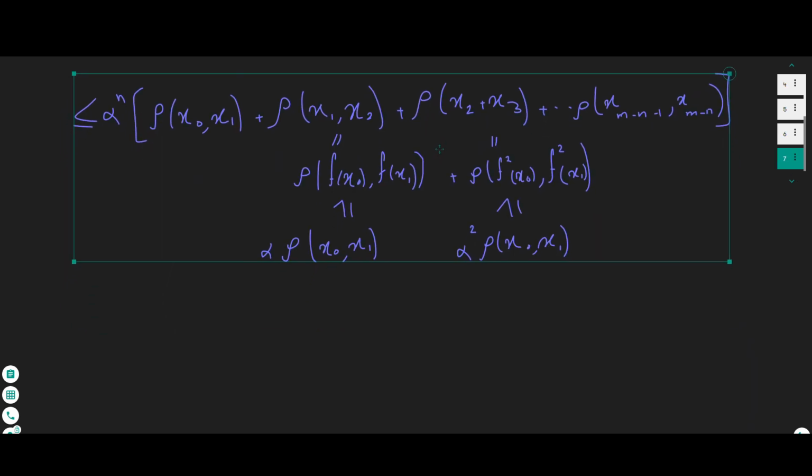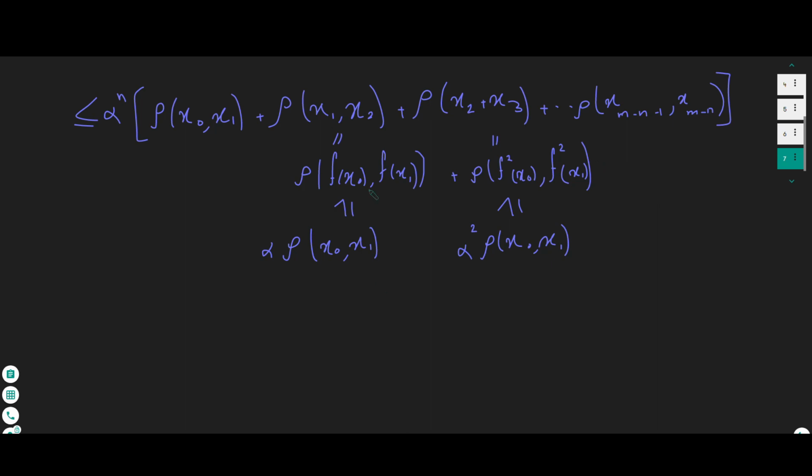We get this whole thing less or equal to alpha to the power of n. That doesn't change. We take this as a common factor. Rho x sub 0, x sub 1. And what we'll be left with is 1 from this term. This one gives us alpha. This one gives us alpha squared.